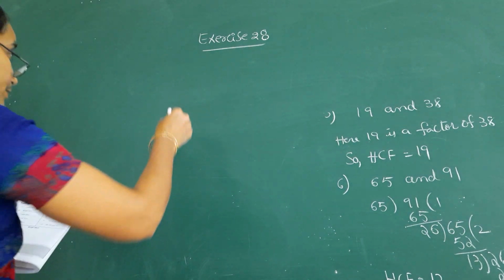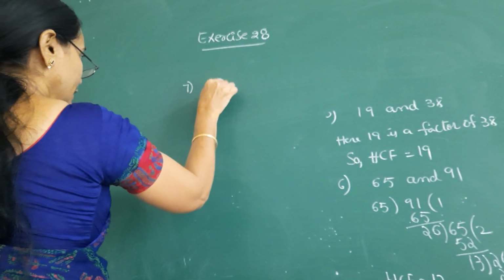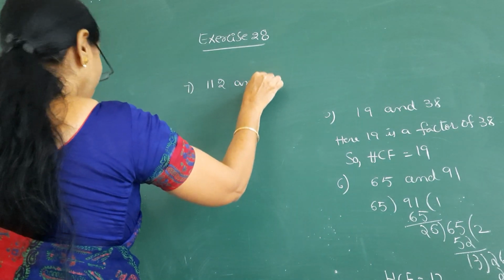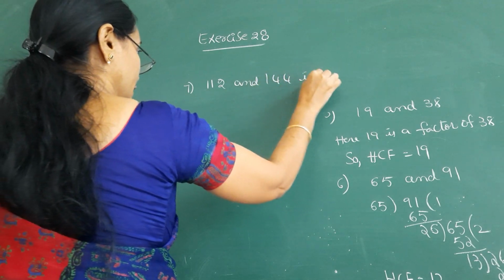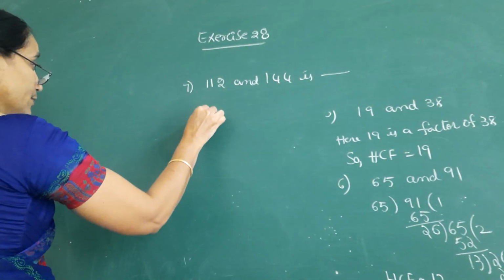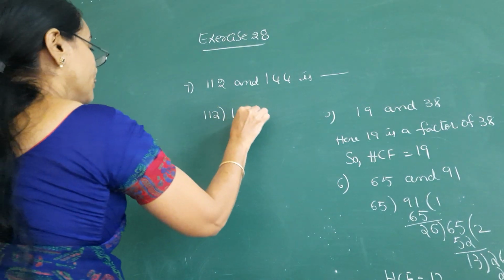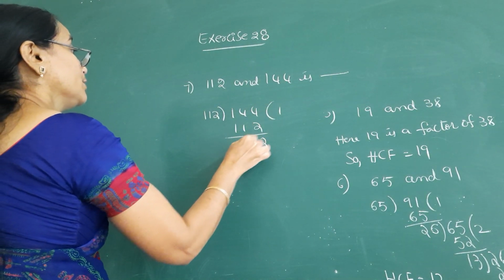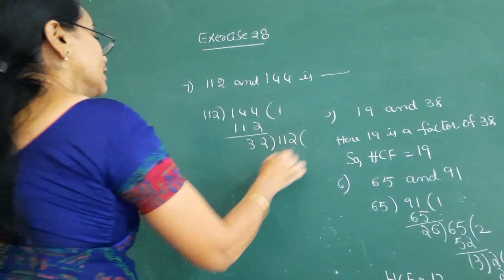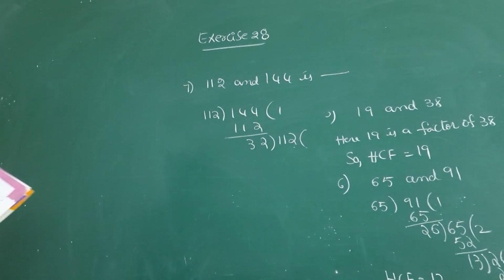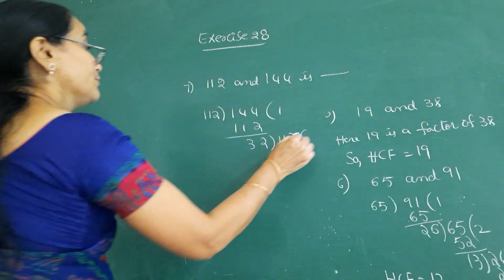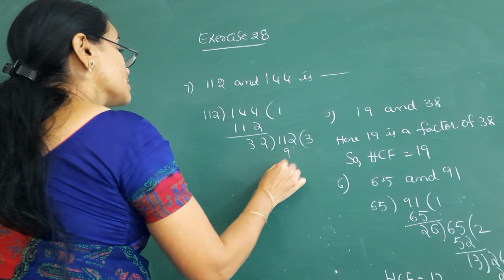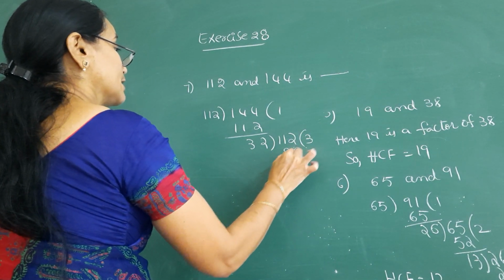Seventh problem, 112 and 144, sorry. See, 112 and 144. One time 112 goes, remainder 32. 32 threes are 96, 33 twos are 96.